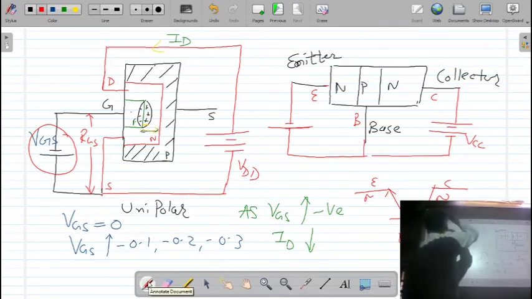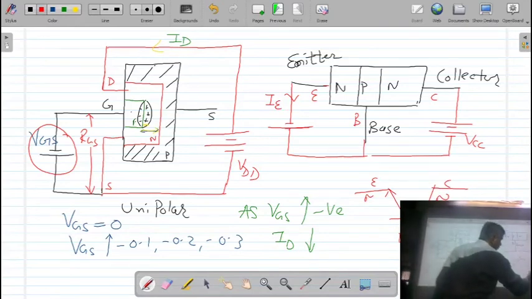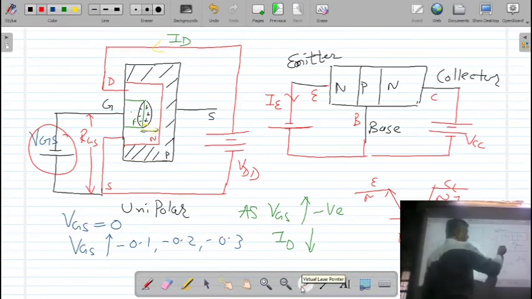So this is the direction of current. Remember, the remaining two currents should be inside, as we already saw last semester. This is your forward bias.